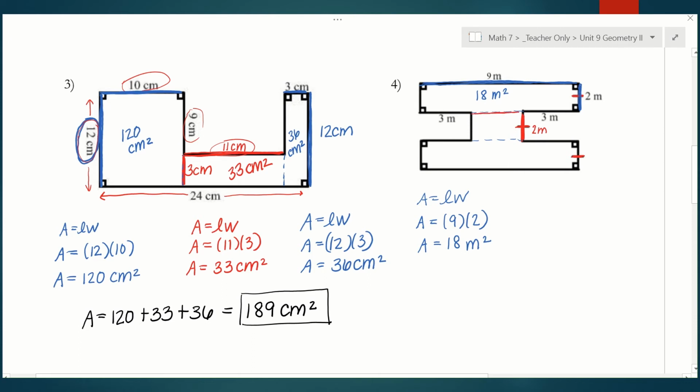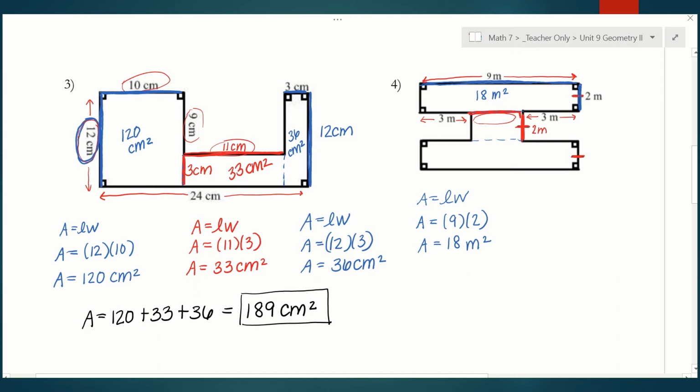And so what I need to know is what this length is. Okay, so if I know that this entire side is 9, and I know that this is 3 and this is 3, this missing side here has to be whatever 3 plus 3 subtracted from 9 is.